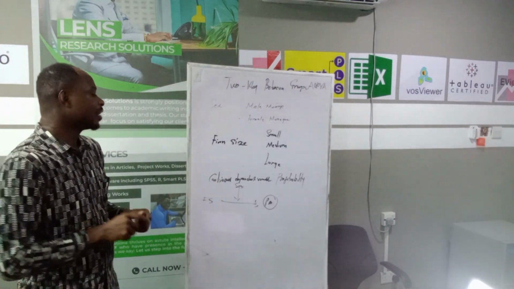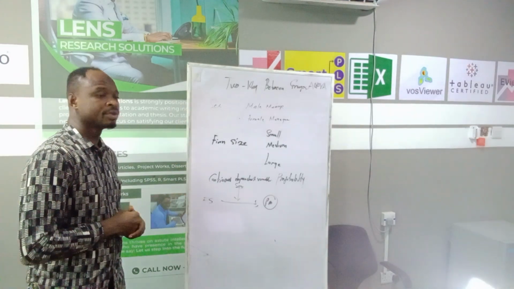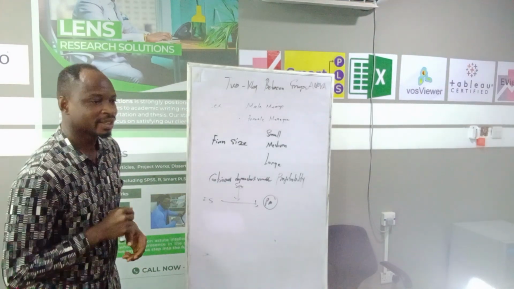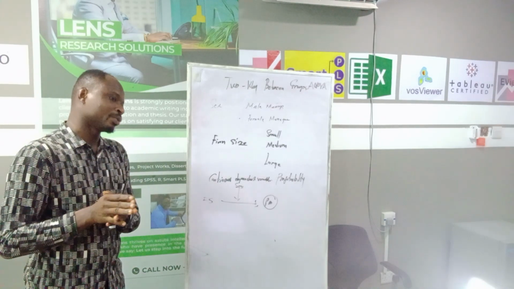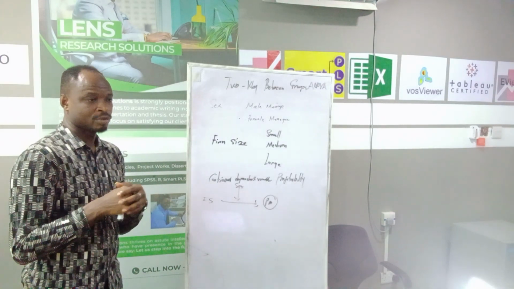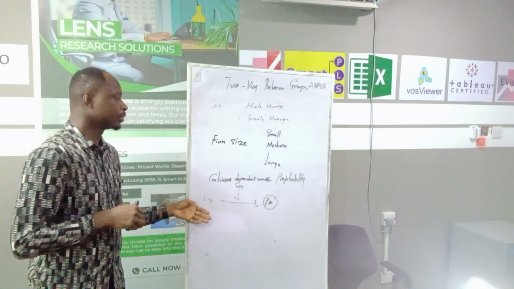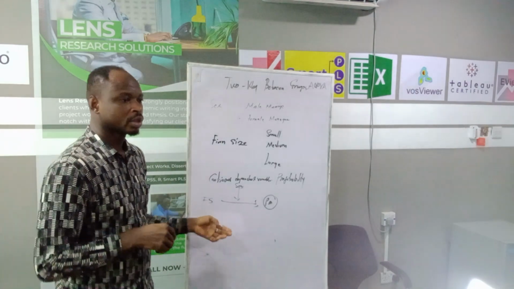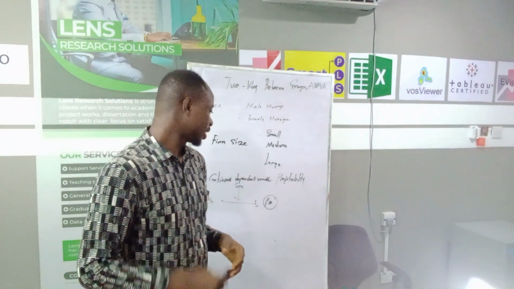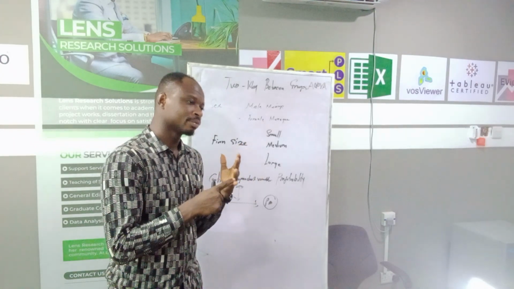So if you have an objective like this, then you can use the two-way between groups ANOVA. But what is important is that your independent variables should be grouping variables with two or more groups. Okay? And then your dependent variable should be continuously measured. And when we say it is continuously measured, we mean it is measured at what level?